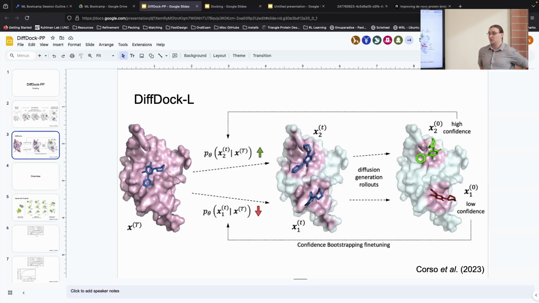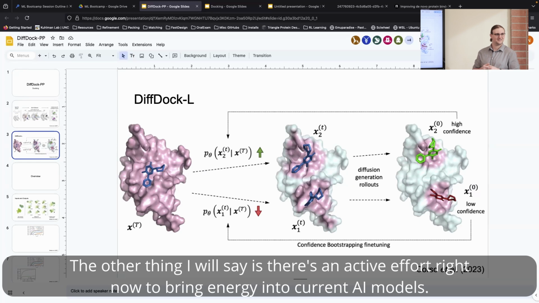Yeah, AlphaFold is still honestly one of the best docking models we have, which is kind of weird because it's also folding the protein, predicting the overall structure, so it's technically also solving the flexible docking problem. But these other methods have fewer degrees of freedom, so maybe you can learn better. They're still trying to reach that accuracy. The other thing I will say is there's an active effort right now to bring energy into current AI models.